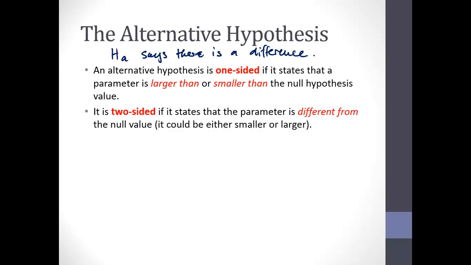Two-sided is just the case where I don't care if it's bigger or smaller. I just want to show that it is indeed different. Whatever I'm trying to make a statement about, with one-sided, I would say that number is actually bigger than whatever value I was told, or smaller than. Two-sided just means that it's different from whatever I said in the null hypothesis.